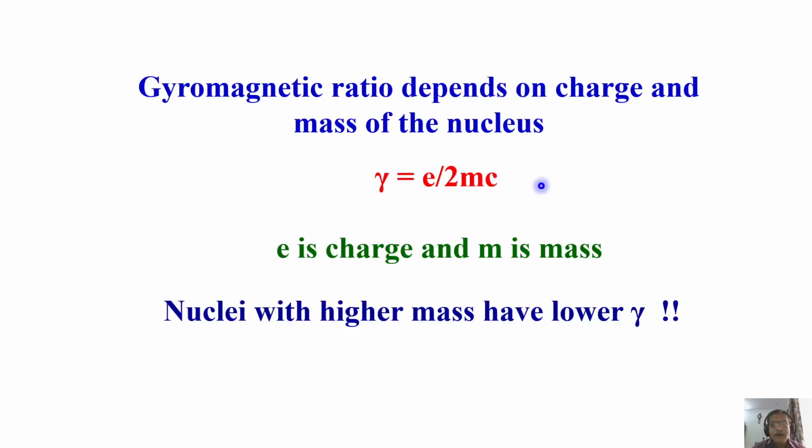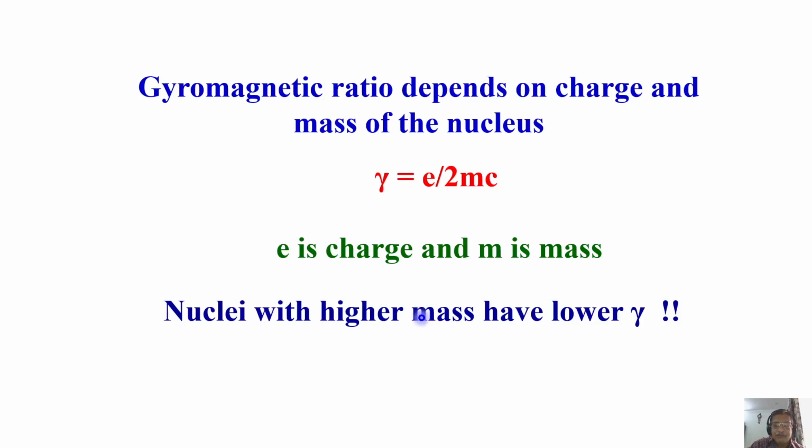Now, simply, you can understand from this equation a logic. Nuclei with higher mass have lower gamma. Remember, mass comes in the denominator of this equation. As you go to higher and higher nuclei in the periodic table, mass keeps on increasing, and the gamma value keeps coming down. It is a very important parameter, remember, gamma.